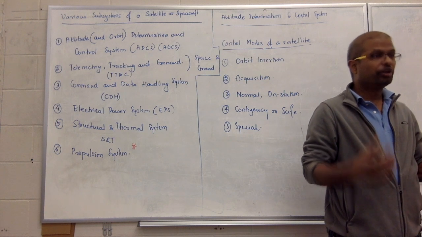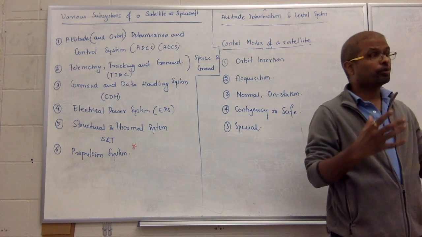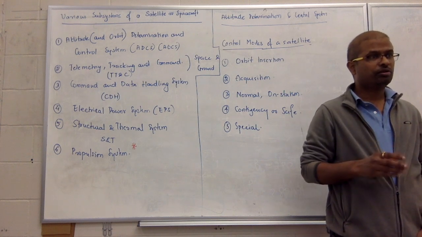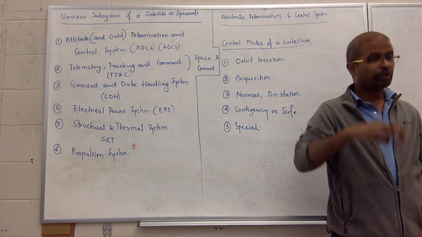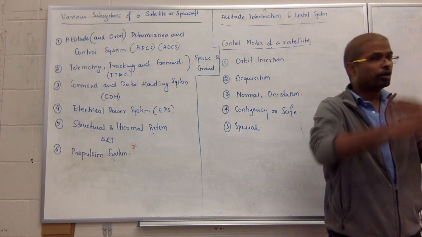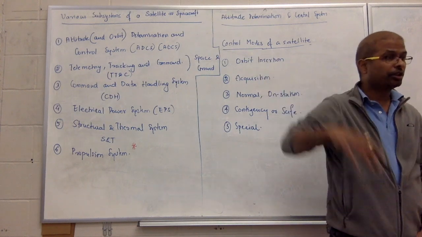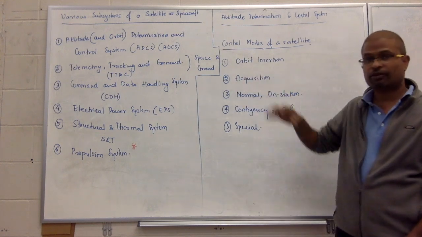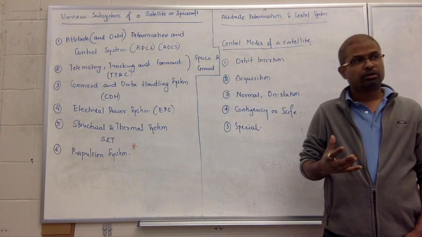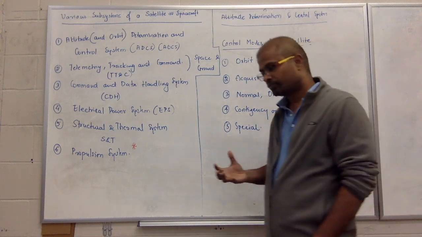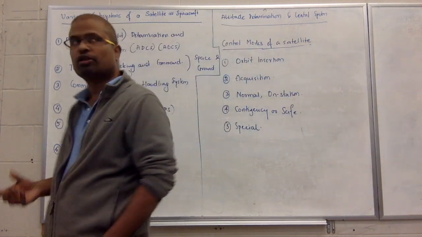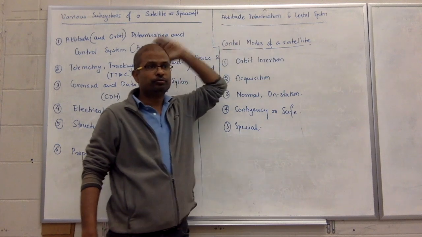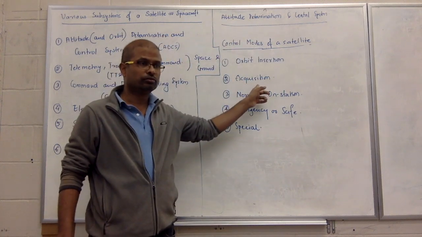But you need to figure out where you're oriented. Even before you stabilize, you need to figure out where you're oriented. Acquisition is essentially figuring out what your orientation or attitude is. Attitude determination is acquisition. Okay?